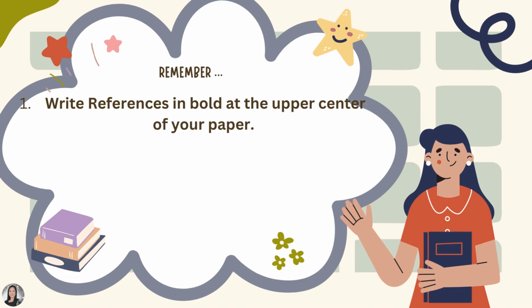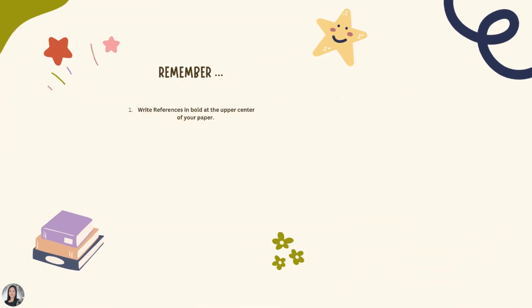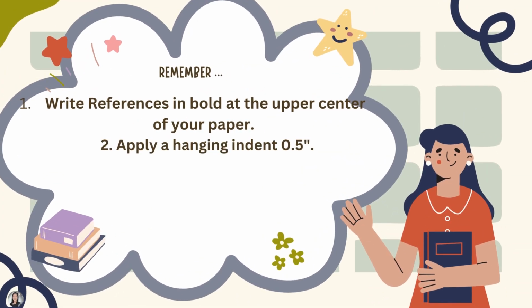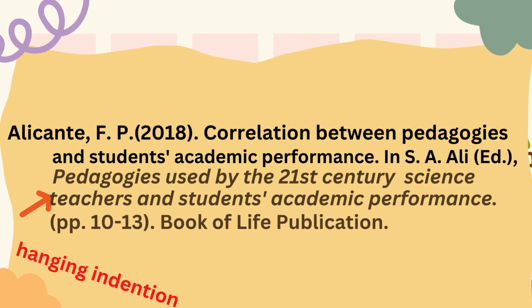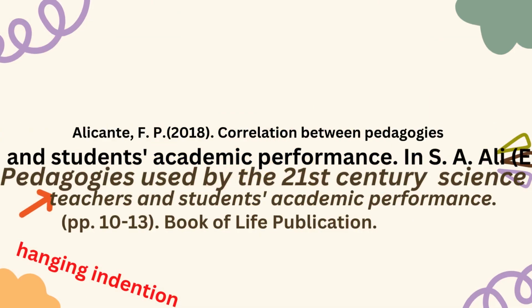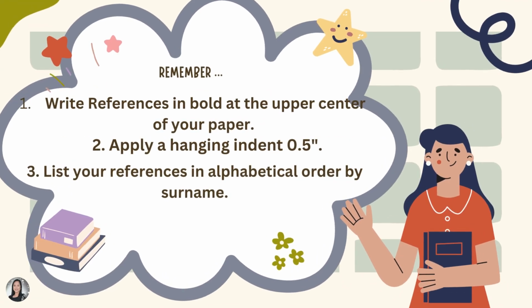Remember to write references in bold at the upper center of your paper like this. Also, apply a hanging indent 0.5 inches or 5 spaces like this. Likewise, list your references in alphabetical order by surname like this.